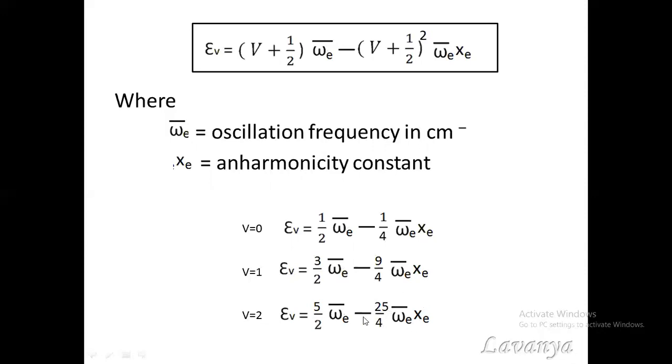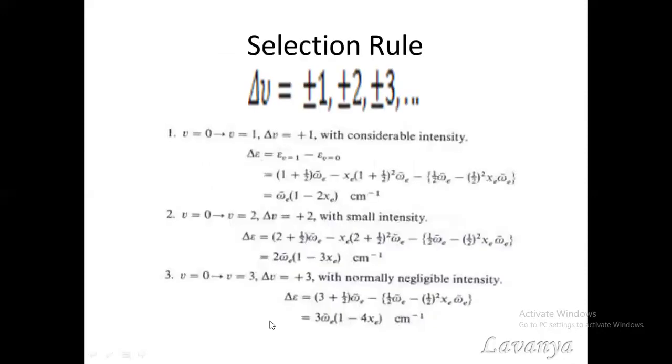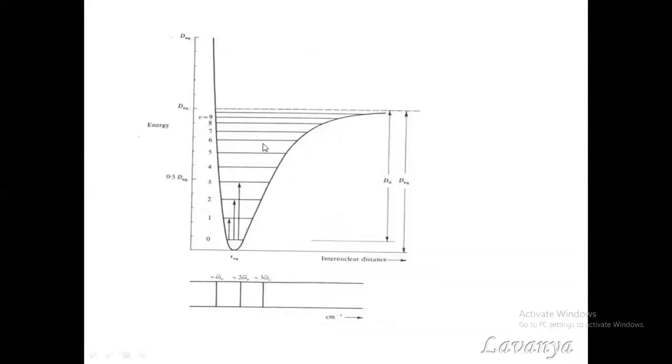As we move to higher energy levels, the gap between any two successive levels reduces. So if the molecule is at V equal to 0, it requires a different energy to excite to the next level than a molecule at level 6 needs to excite to level 7, because the energy gap between successive levels is not the same.